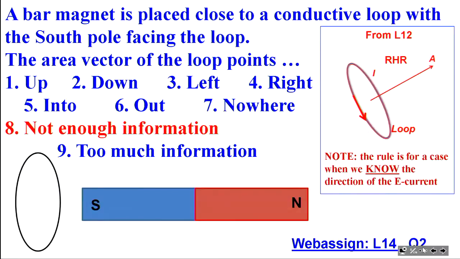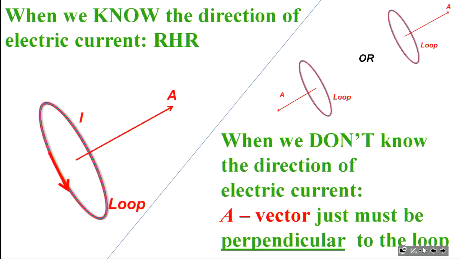So that's the answer. We don't know. Could have been positive, could have been negative. And of course, it's just a review of the rule. Yeah. When we know, we use. When we don't know, well, it's up to us.